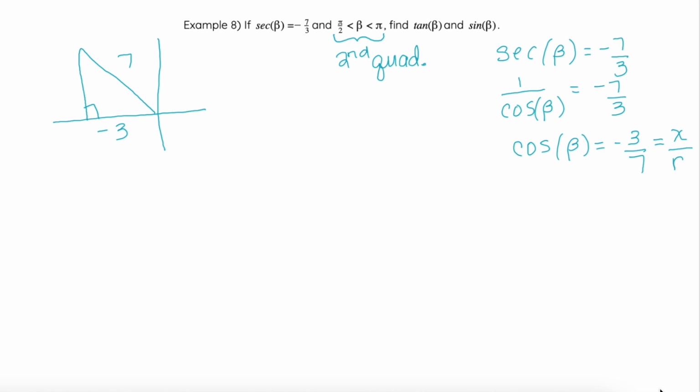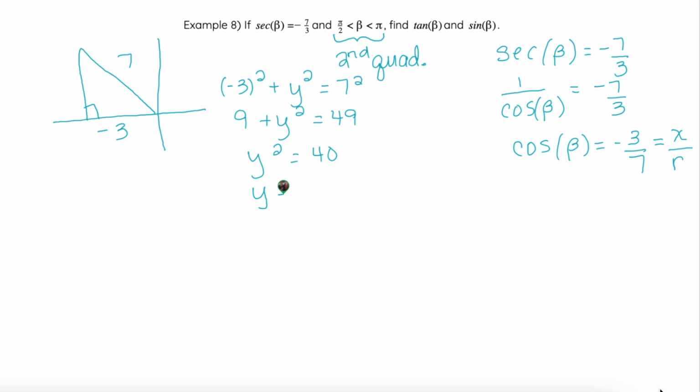We definitely are going to need our y value since I need tangent and sine. So let's find that y value by using Pythagorean's theorem. So (-3) squared plus y squared is 7 squared. 9 plus y squared is 49. Y squared is 40.